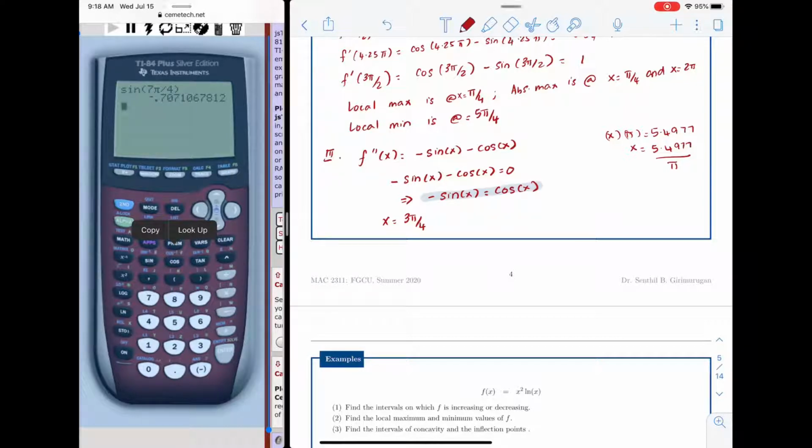I could have easily gotten this by doing 3 pi over 4 plus pi, which would give me 7 pi over 4.